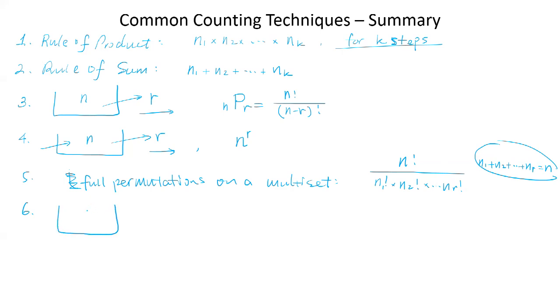And 6 is combinations without replacement. That is to choose r out of n, and this time we do not line them up in an order. The total number of ways to do this is C(n,r), which means n factorial over n minus r factorial times r factorial. The seventh model is to choose r out of n, and for each choice, we replace the original group with the same elements.